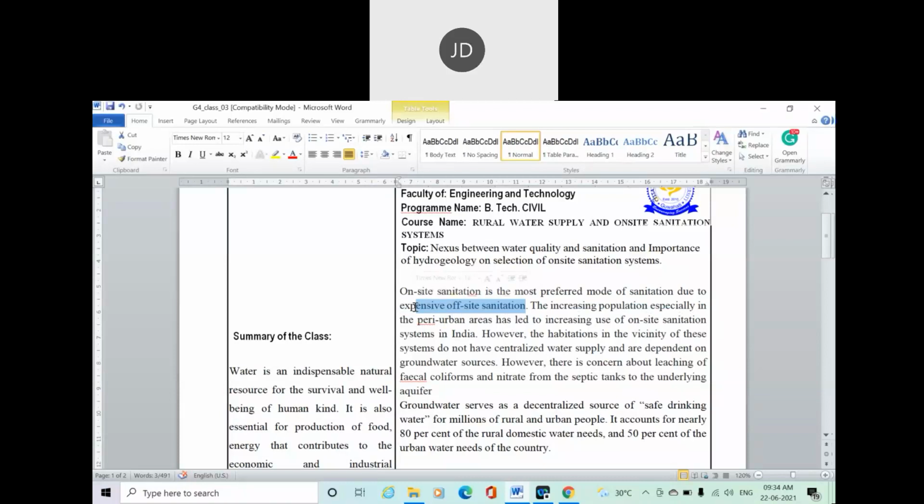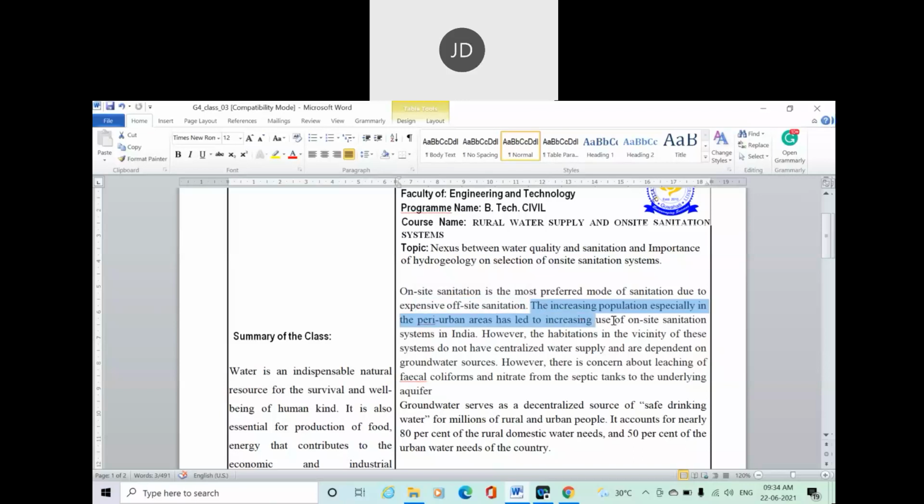It also involves a treatment process, which may require bigger machinery. So it comes with a higher investment compared with on-site sanitation. Comparatively, on-site sanitation is less expensive, right? I think this is already clear from the previous classes.